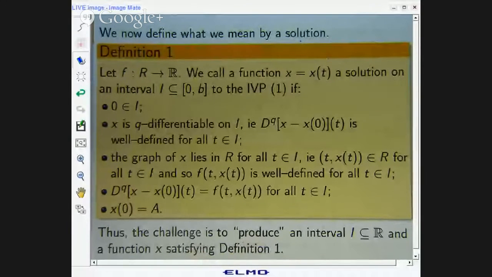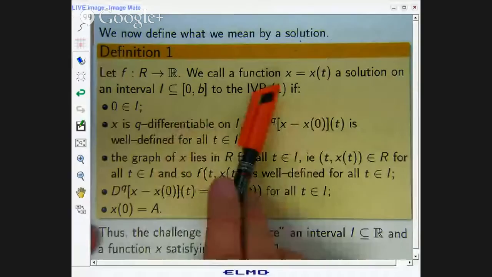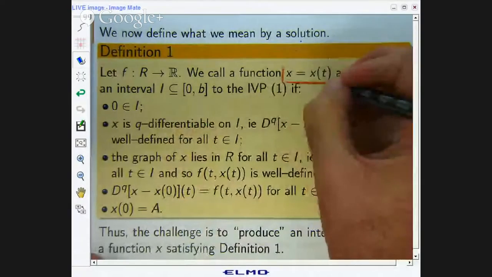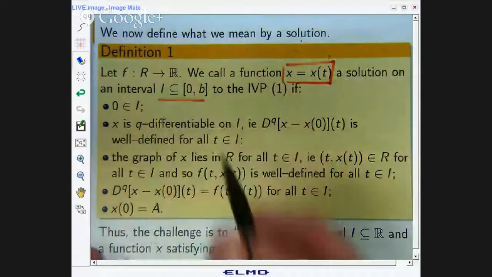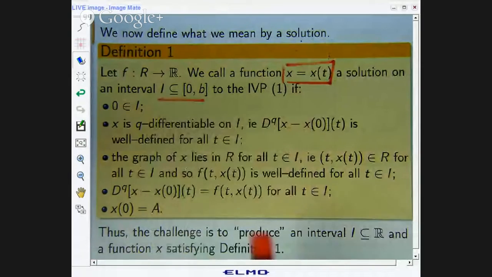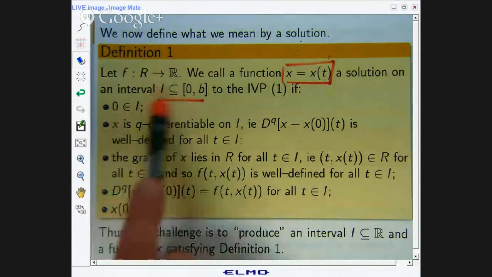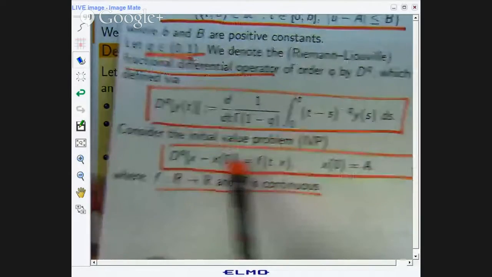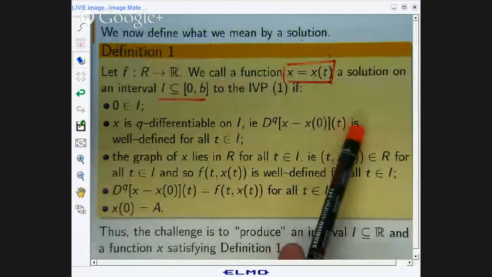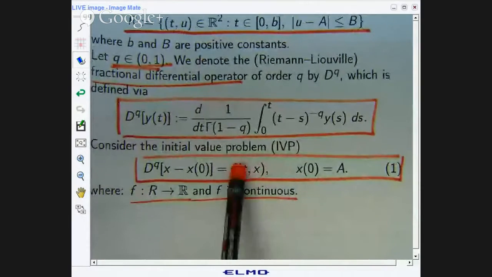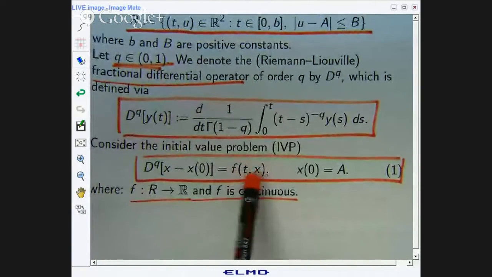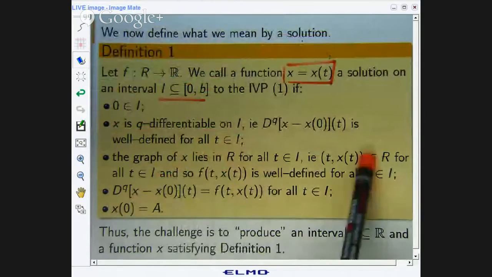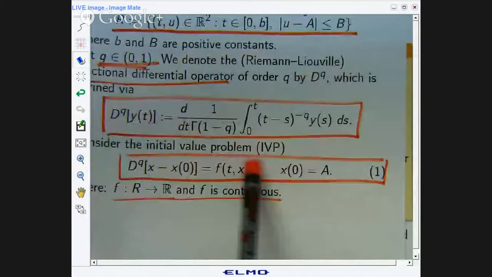All right, so let's define what we mean by a solution. Well, a solution is, in this case, say a function of t, and there's some interval where zero is part of the interval I. This left-hand side is well defined for every t in that interval I. The x is in the domain of f, so basically the right-hand side's defined.